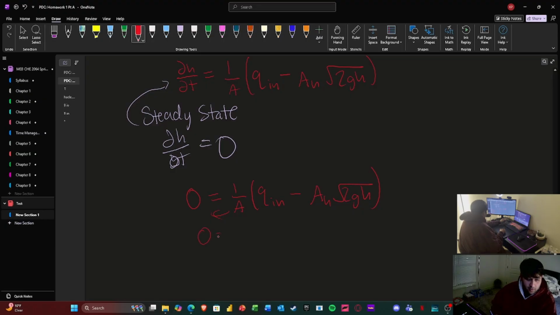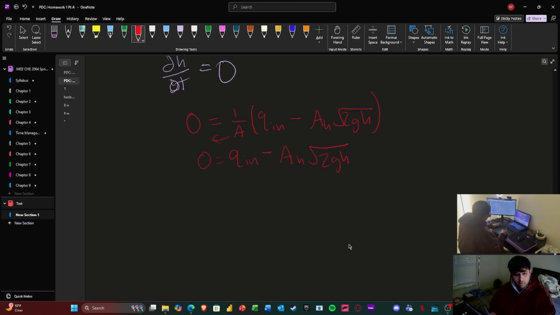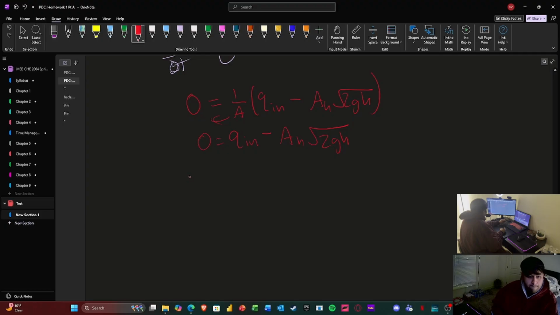So then we're going to have 0 equals Q in minus area of drainage hole times 2GH. Then what I will do from here is make it so that this 2GH equals Q in, and then we're going to have this be square root of 2GH.